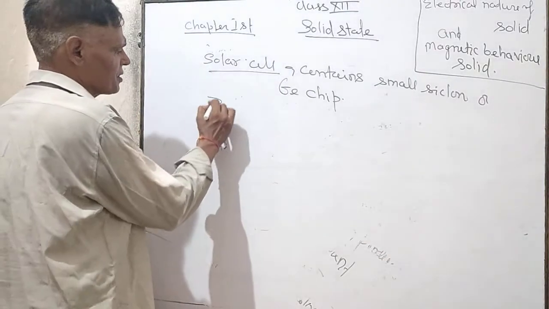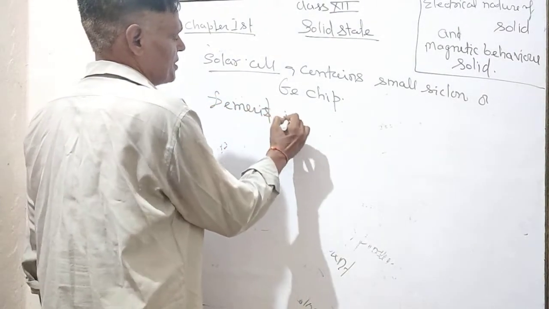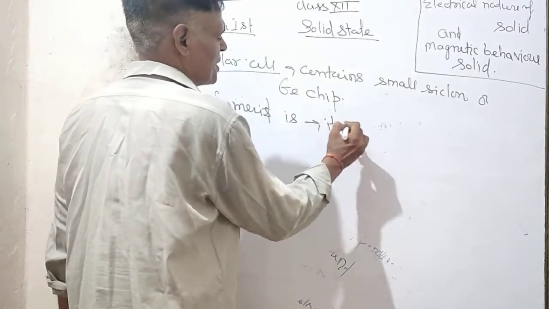The demerit is that it produces a very small current.